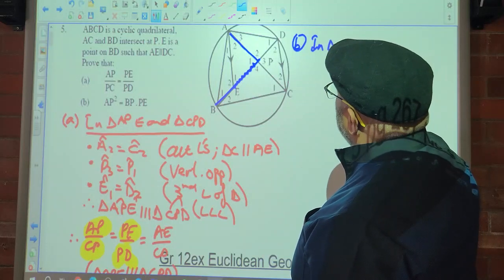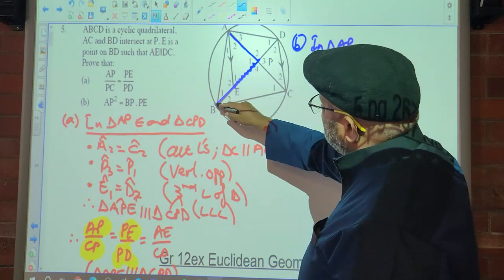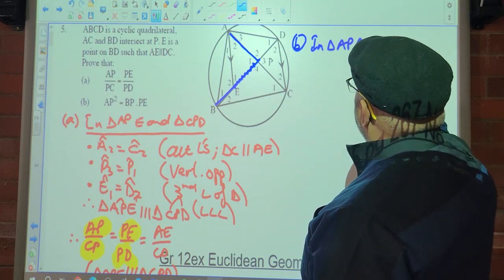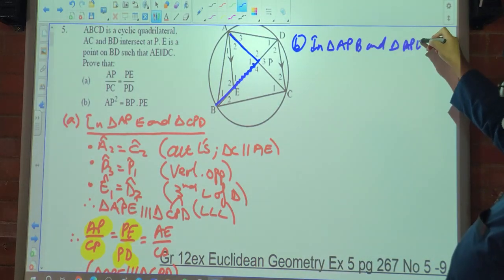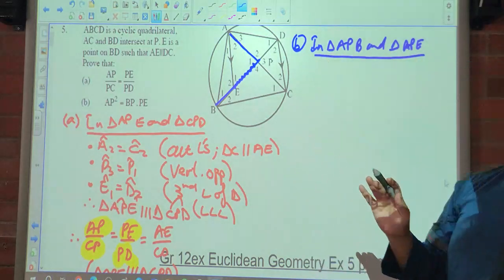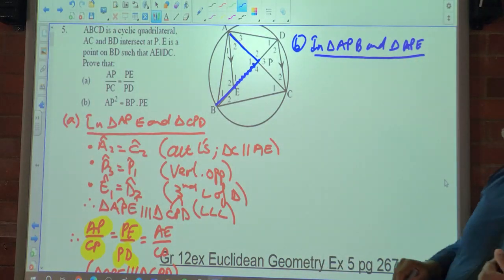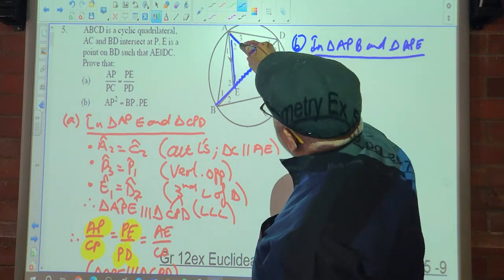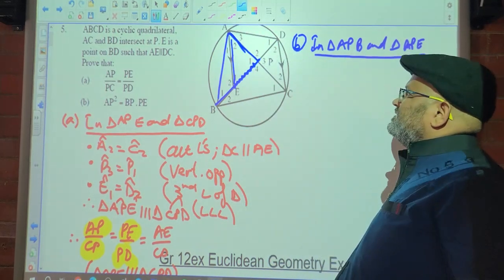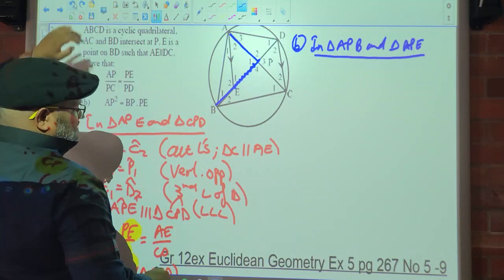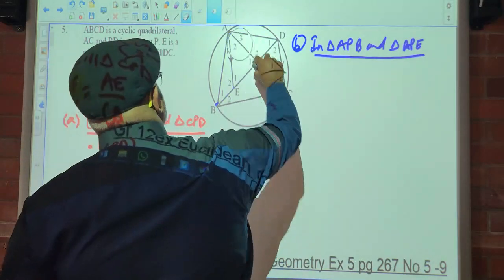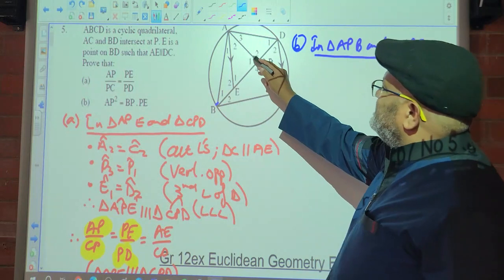It will be triangle APB and triangle APE. Definitely that order is not right. Okay? So that is the one triangle and this is the other triangle.